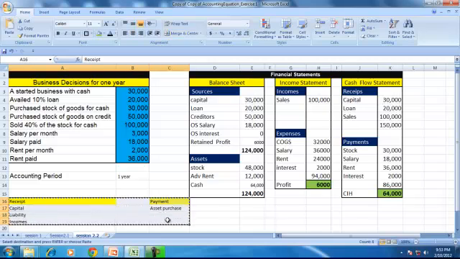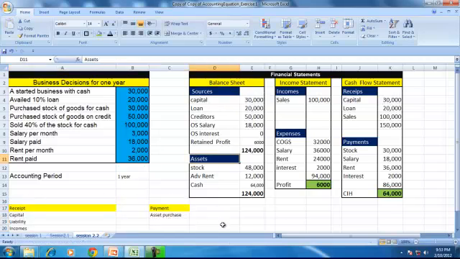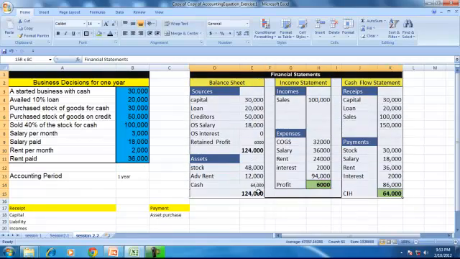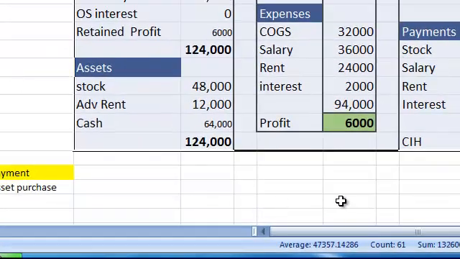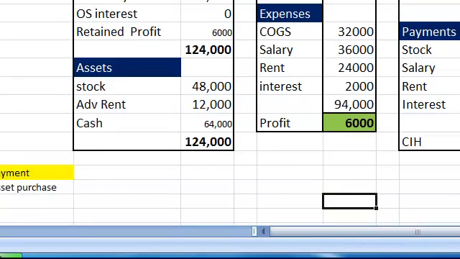The accounting equation says at any point of time the sources are equal to assets. But the advantage of preparing the financial statements over the accounting equation is that in the accounting equation we don't know what the expenses are.